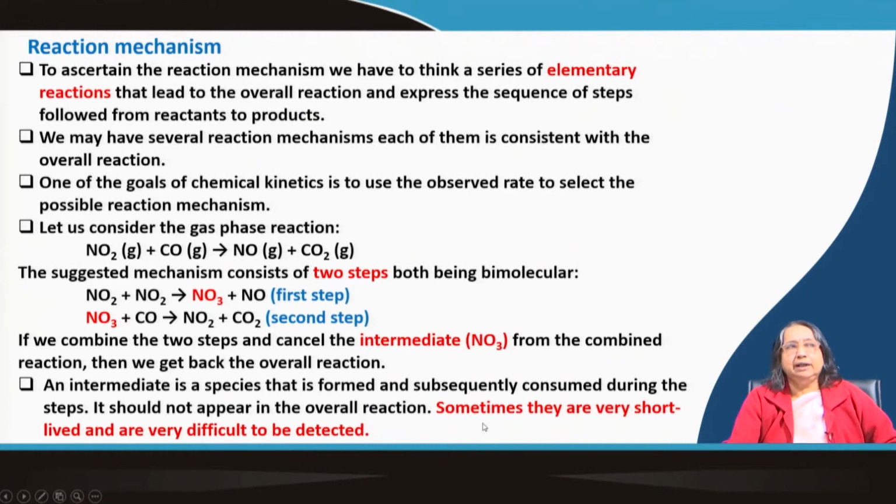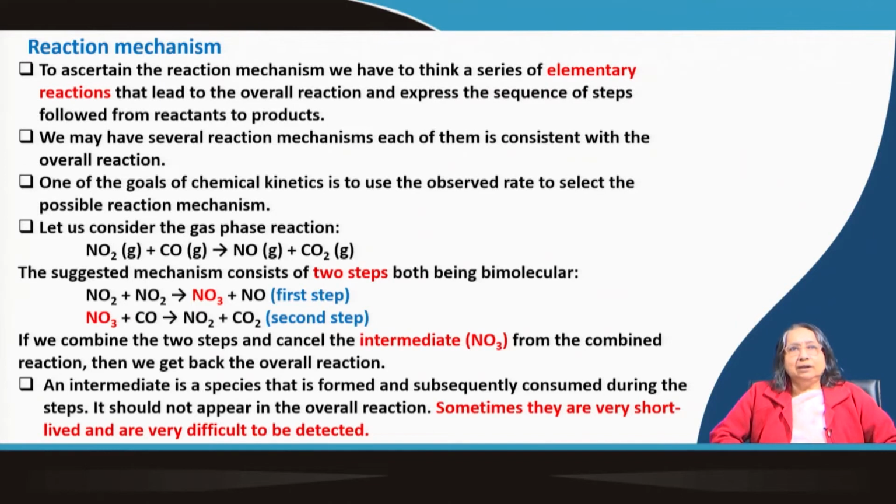Sometimes they are very short lived. Now, you may say that I am only thinking this. Then how to prove it? How to tell that really this intermediate is produced? I told you already that proposing a mechanism is difficult. You need a lot of experiments to do.